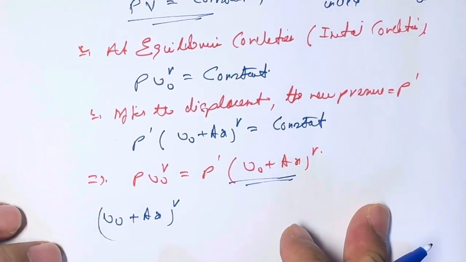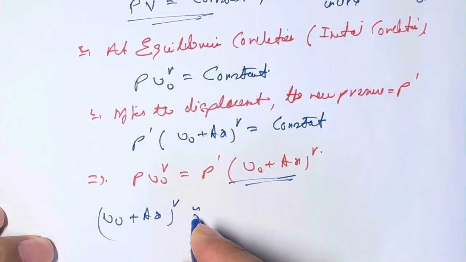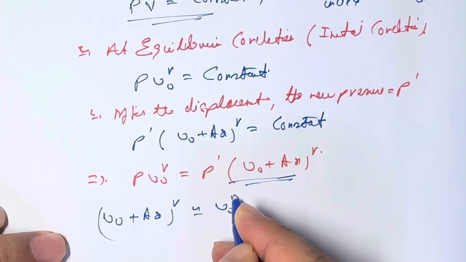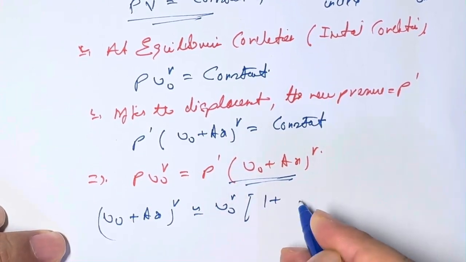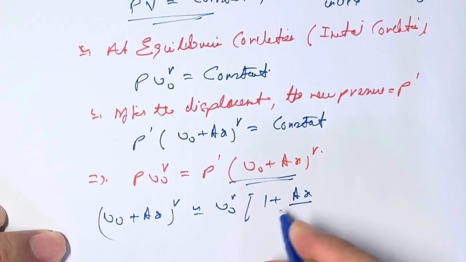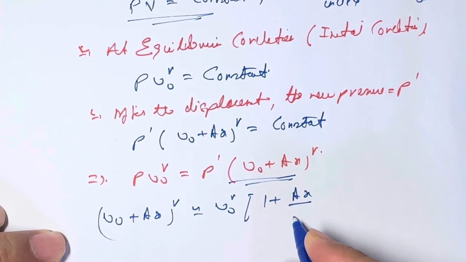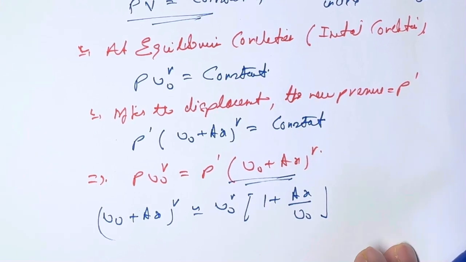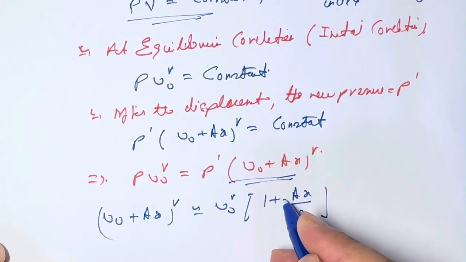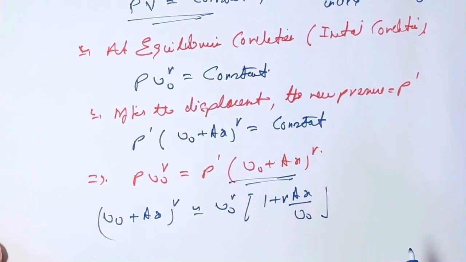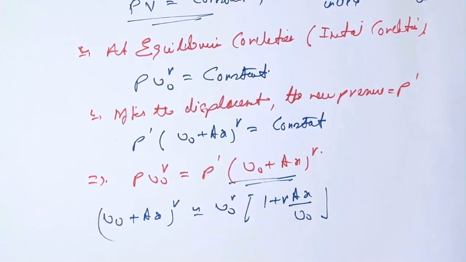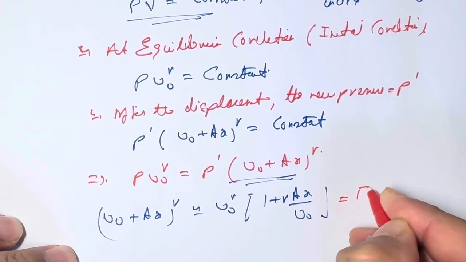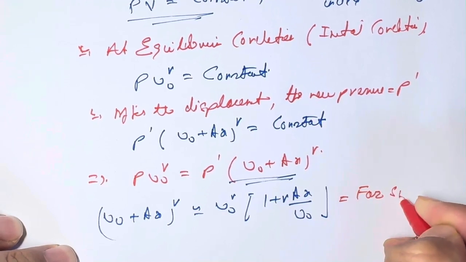It can be approximated as V naught gamma times 1 plus gamma AX upon V naught, for small displacement.